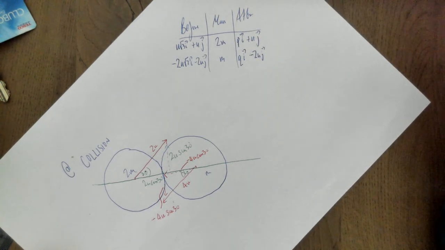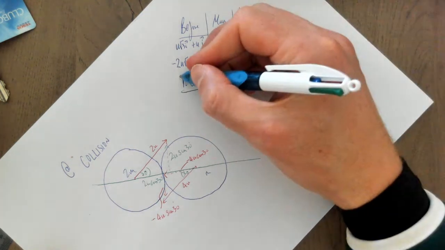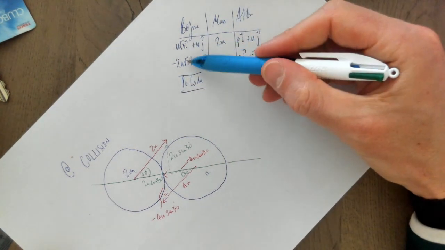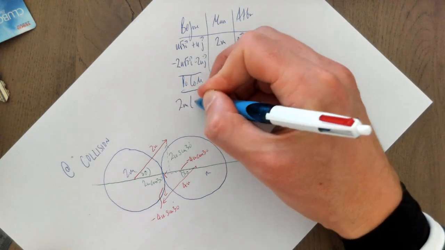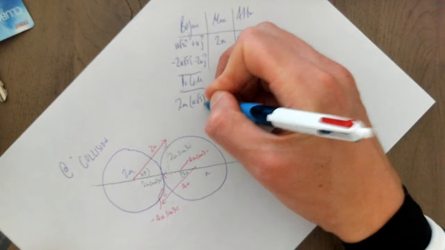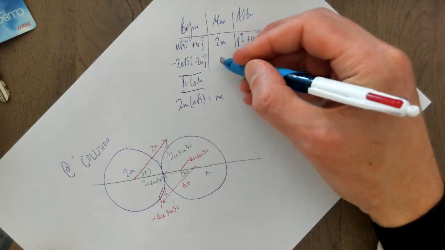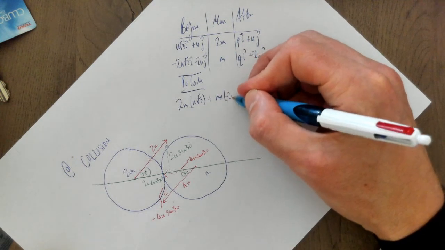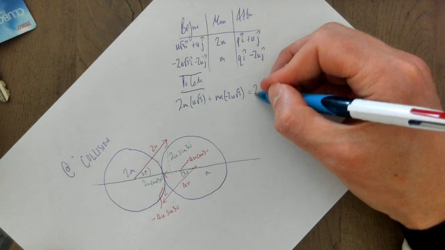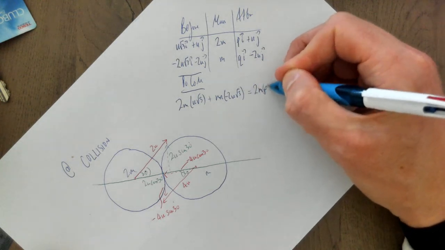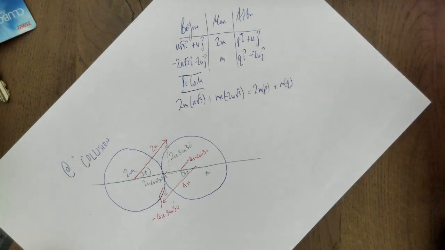Okay, so I'm going to put my principle of conservation of momentum in play here, looking at just the i components. So before, I've got 2m times u root 3 plus m times minus 2u root 3 is equal to 2m times p plus m times q.